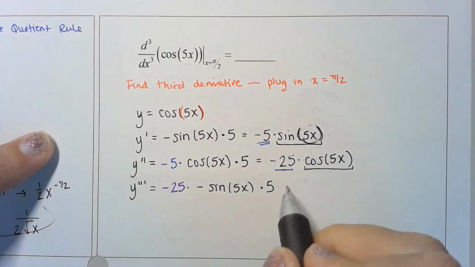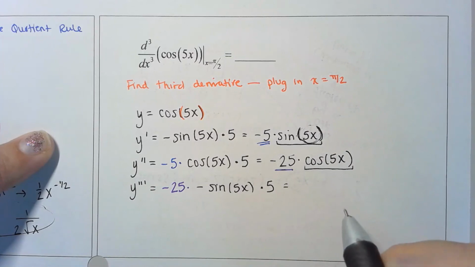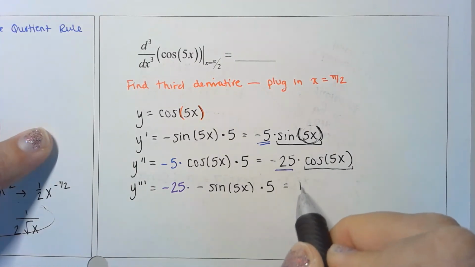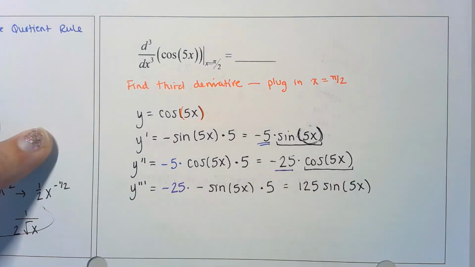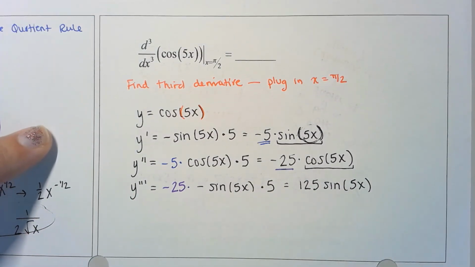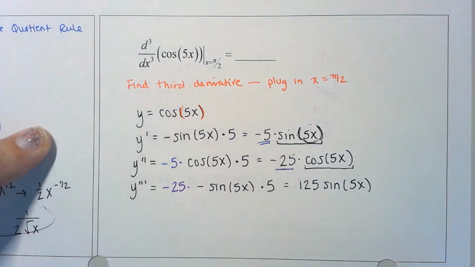So let's clean that up a little bit. Now I have a negative times a negative. I have a 5 times 25, so I have 125 times the sine of 5x. That's my third derivative. Now I just want to plug in x equals pi halves.